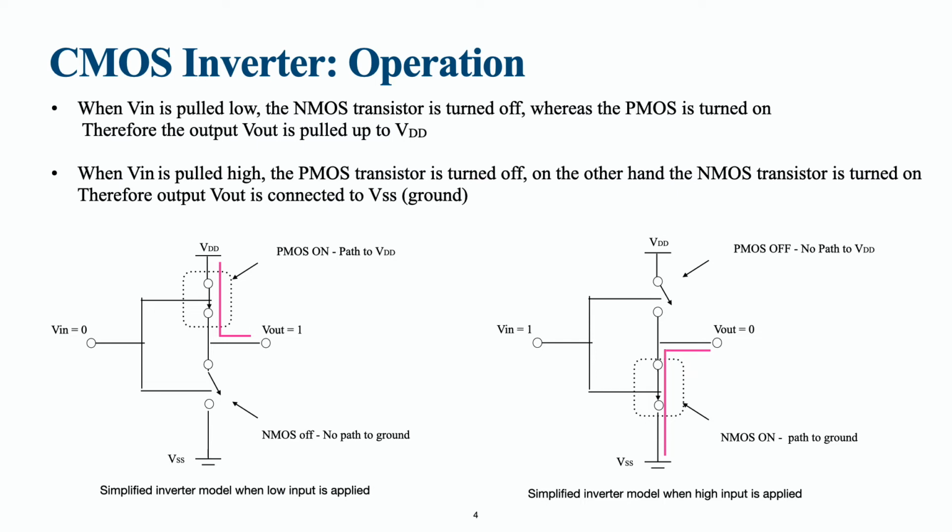Therefore, the complete charge will be discharged to ground. Therefore, your charge stored will be equal to 0. Therefore, your Vout will be equal to 0. So, now look into both the diagrams. When the input is 0, your output became 1. When the input is 1, your output became 0. So right now the truth table is verified for both logics 0 and 1.